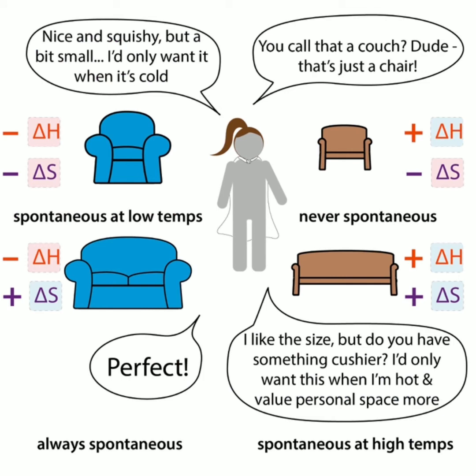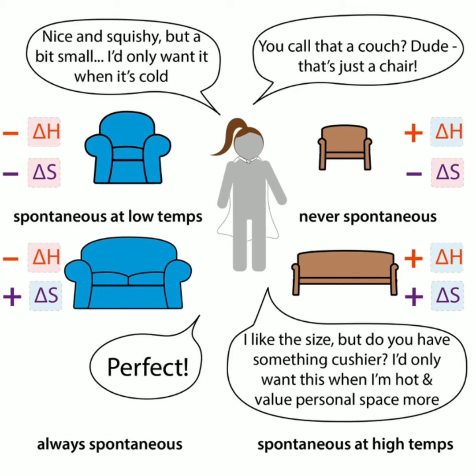So a reaction that has a negative enthalpy and a negative entropy is going to be spontaneous only at low temperatures. If it has a negative enthalpy and a positive entropy, it's always going to be spontaneous.